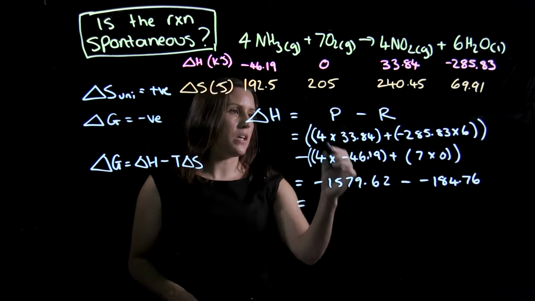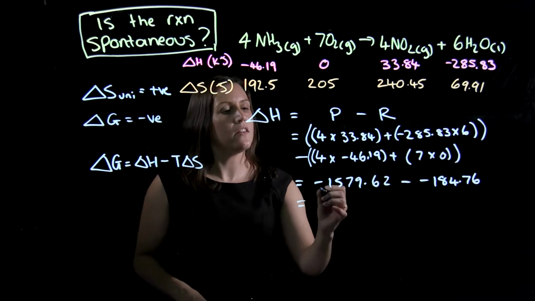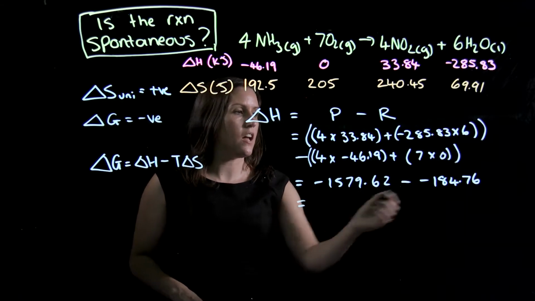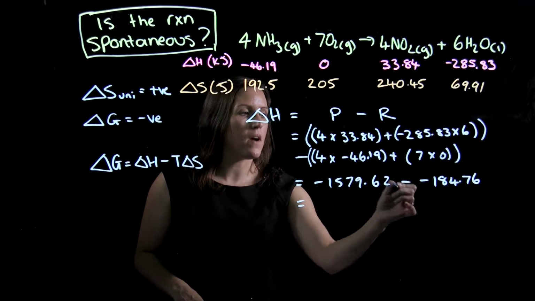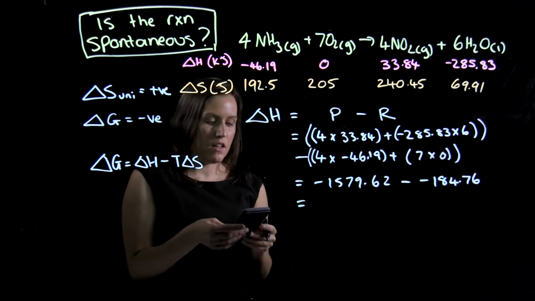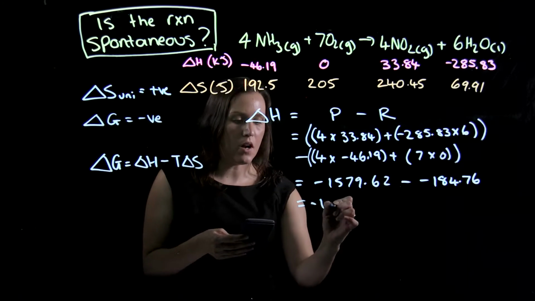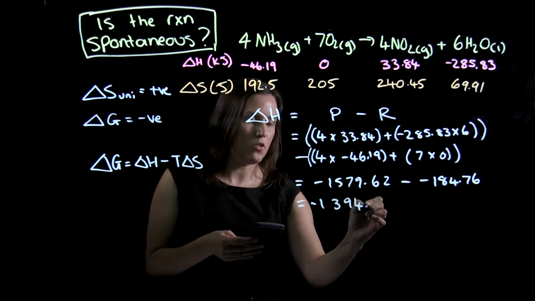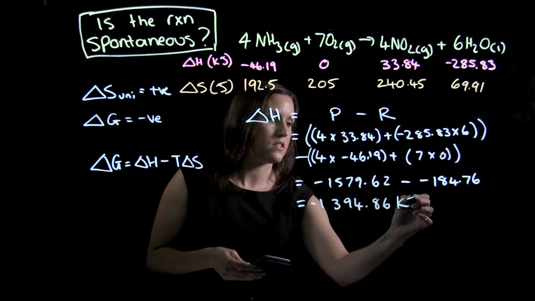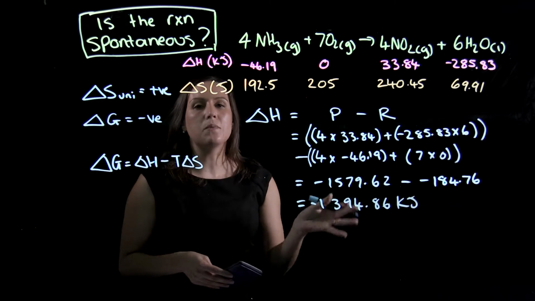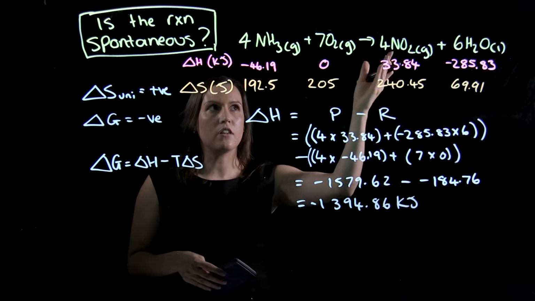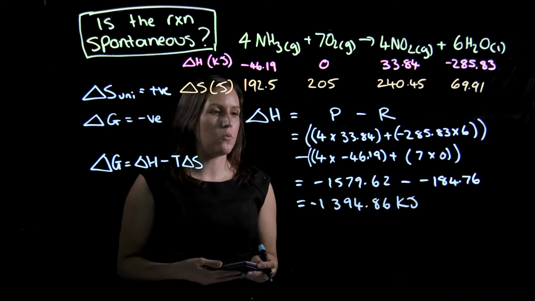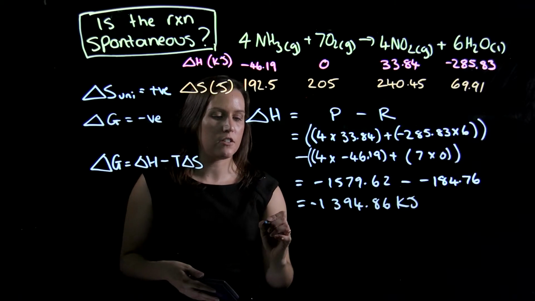If we add those and multiply those, we get 1,579, and then we get minus 184.76. Remember, minus becomes a plus, so you end up with 1,394.86 kilojoules. This is just plain kilojoules, it's not kilojoules per mole. We've taken into account the stoichiometric relationship of the reaction when we've calculated delta H.